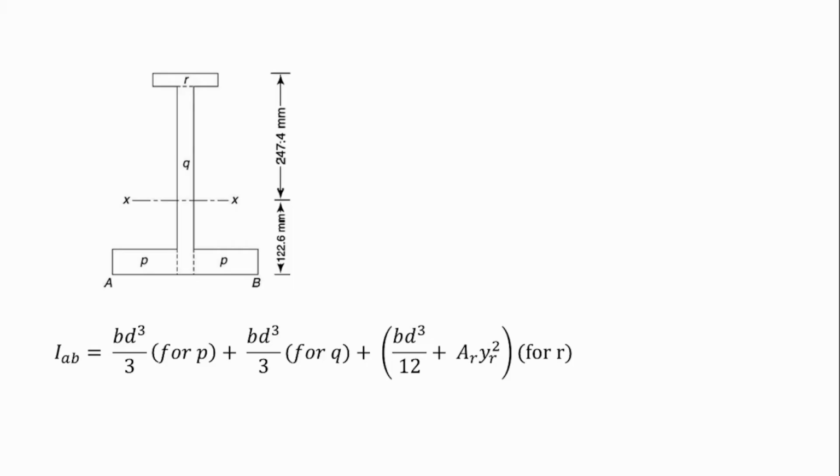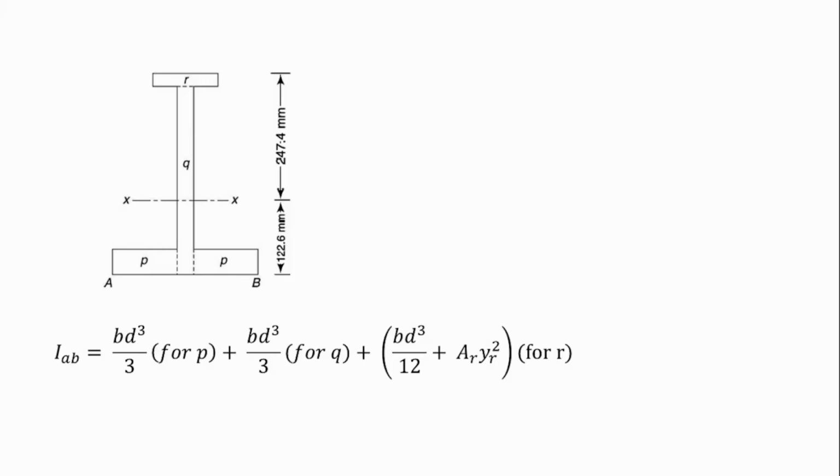It's going to be BD cubed over 12 plus A R YR squared. I take it again. IAB is equal to BD cubed over 3 for P, BD cubed over 3 for Q, and BD cubed over 12 plus A R YR squared for R, since it is not touching the AB axis. So from this, we can calculate our B.